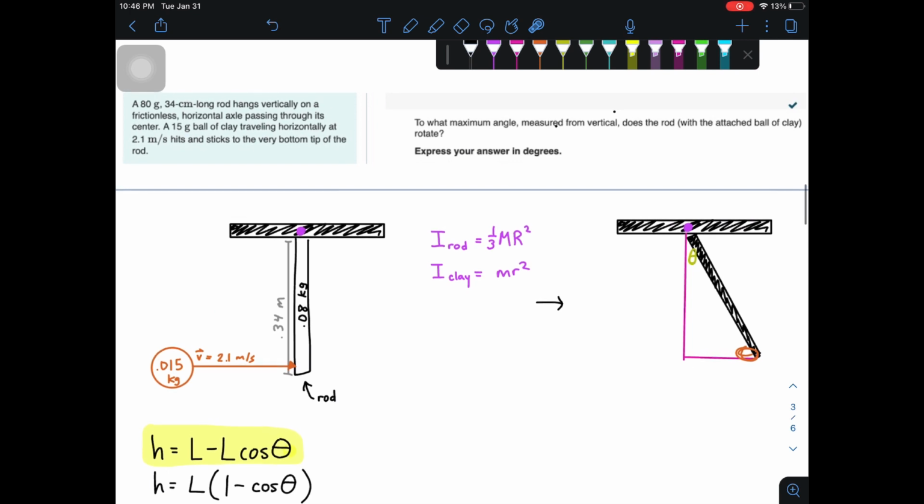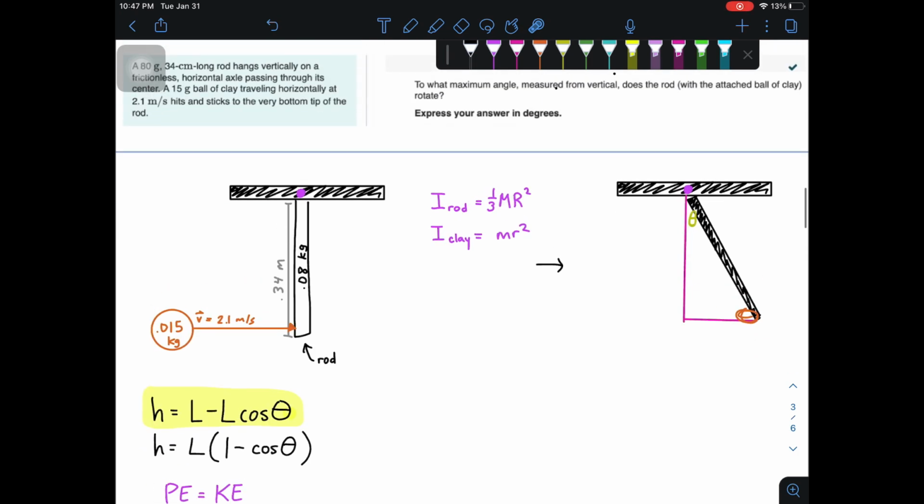So let's take a look at the visual representation of the problem. We have our rod here, our ball of clay here, and this is what it looks like after it sticks. So we are trying to find the angle right there.